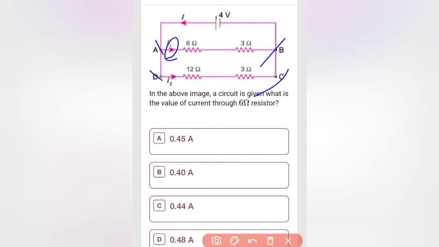So I can find this current I1 as V divided by 6 plus 3. We should add these two resistances because they are connected in series. So that resistance we need to take. So it's going to be 4 divided by 9.